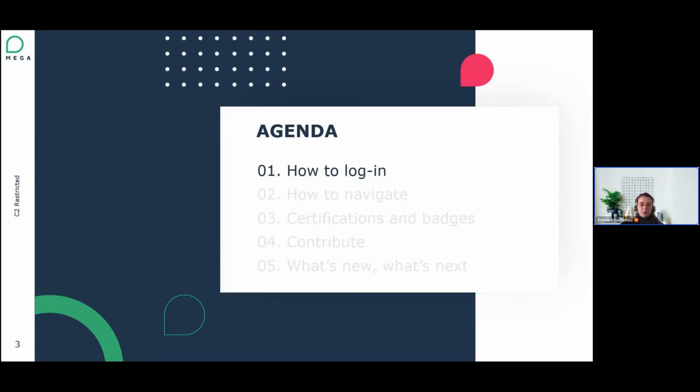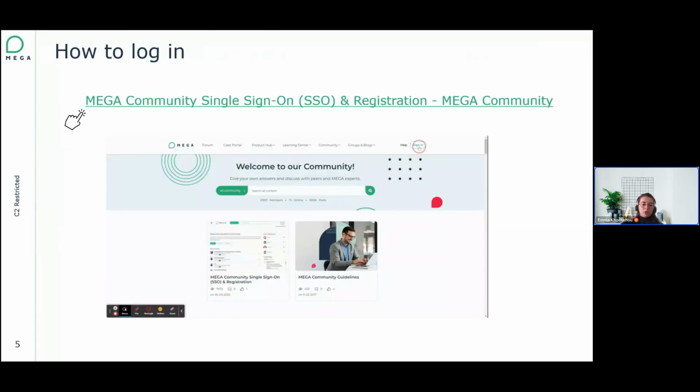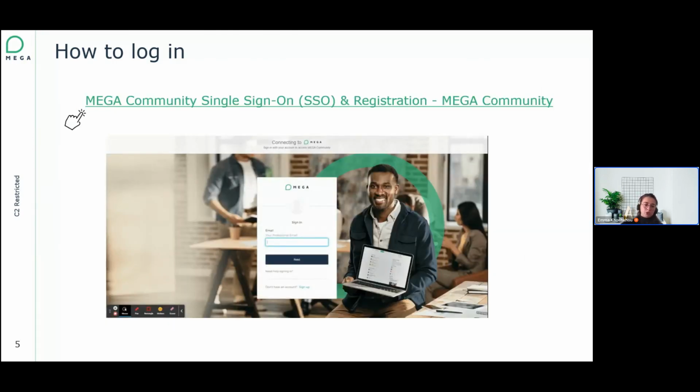So quickly on how to log in. You can always use the community.mega.com link, and this will show you this page where you can just click at the right hand corner on sign in. Actually you can also find this useful connection link on the community portal.